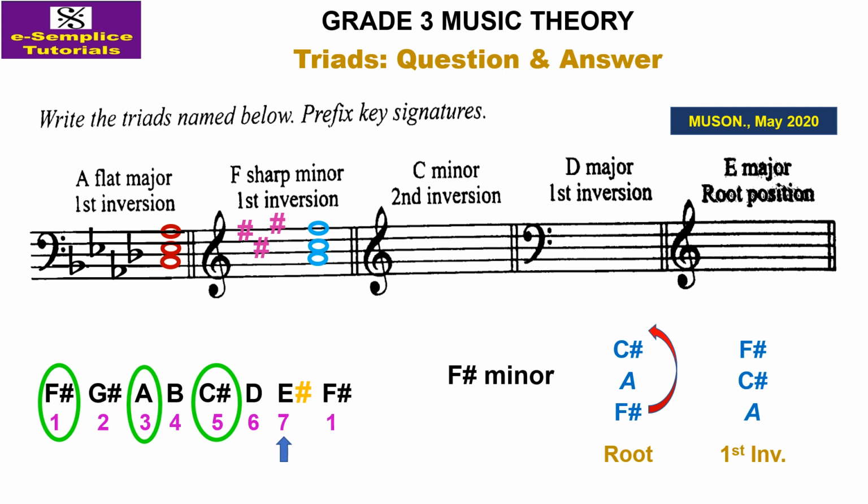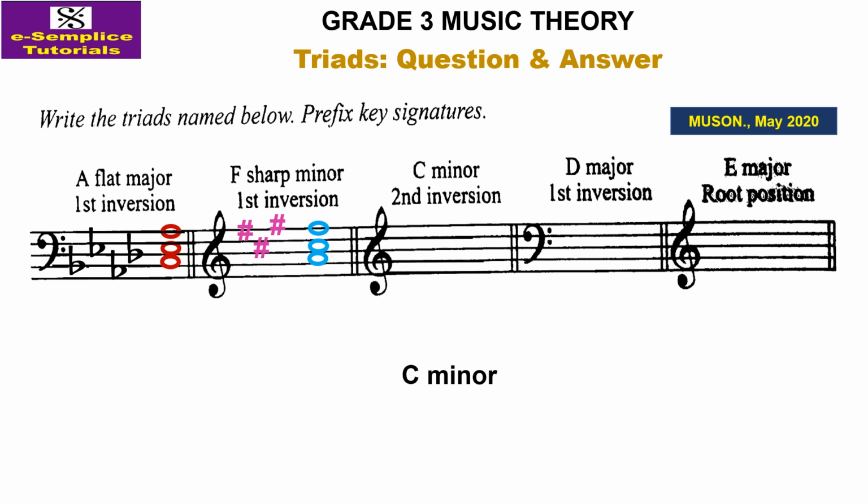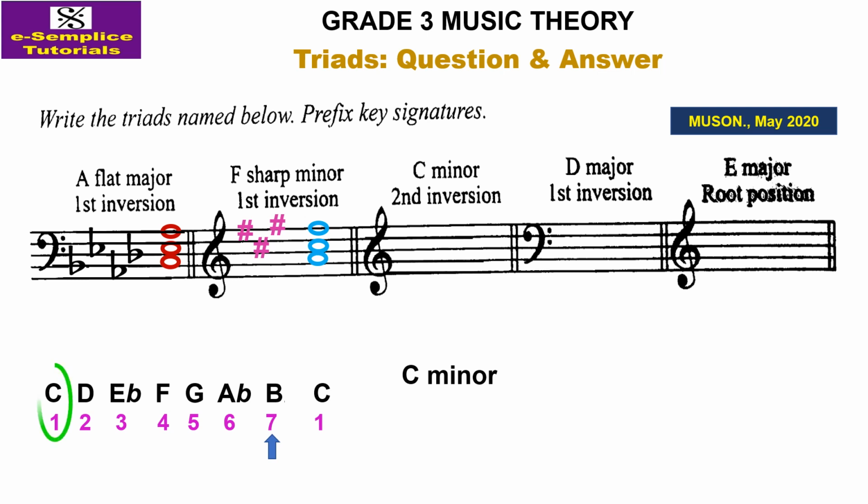Let's move to C minor, second inversion. As usual, the seventh degree has to be raised. If you raise the seventh degree, it becomes ordinary B. The tonic, the third, the fifth, stack.